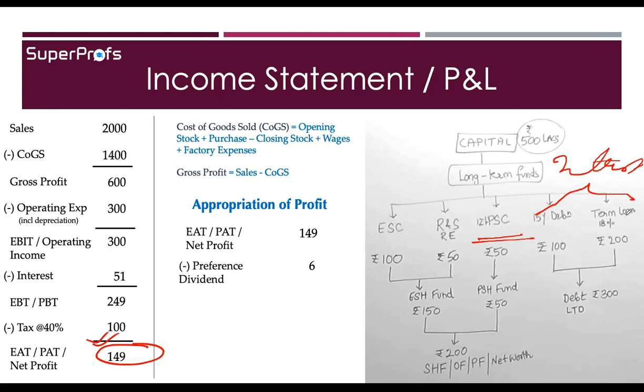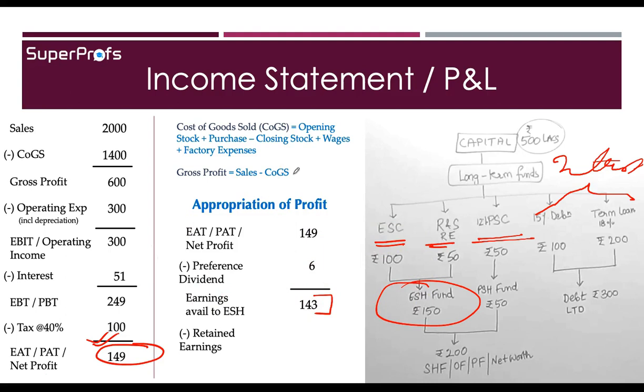This came down to around 6 lakh rupees, and then the earnings available to the equity shareholders, in lieu of equity share capital and reserve and surplus, was 143 lakh rupees. Now from this 143 lakh rupees, the management decided to give around 40% for the retained earnings, and finally the equity dividend of 86 lakh rupees was divided among the equity shareholders.